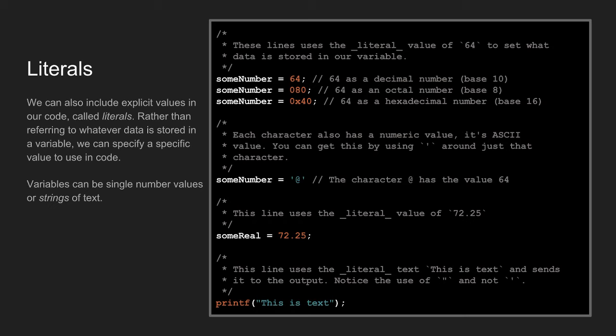And that will automatically translate it to that number value for that character. So that's useful. Real numbers or floating point numbers, of course, you just write with a decimal point. And string literals are in double quotation marks.